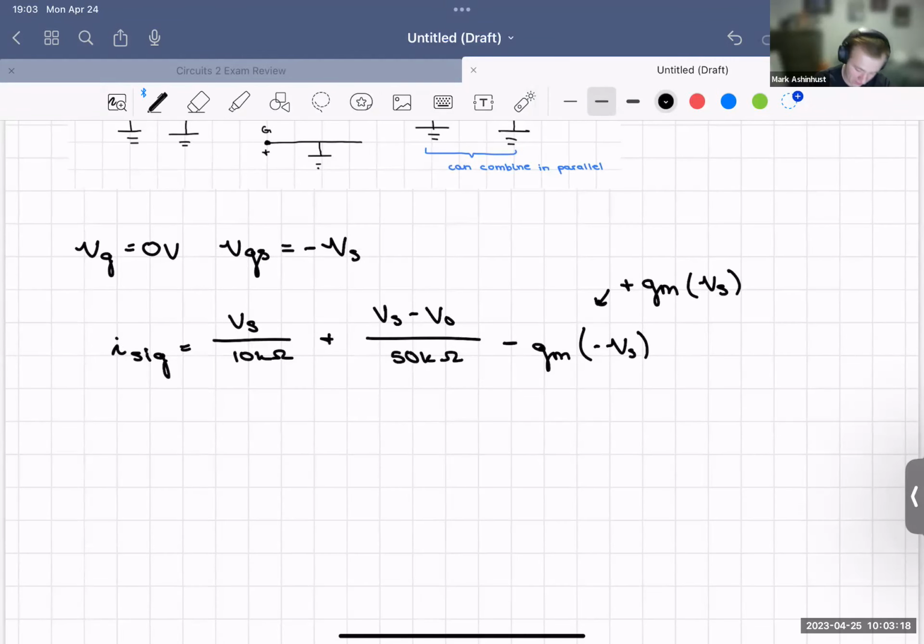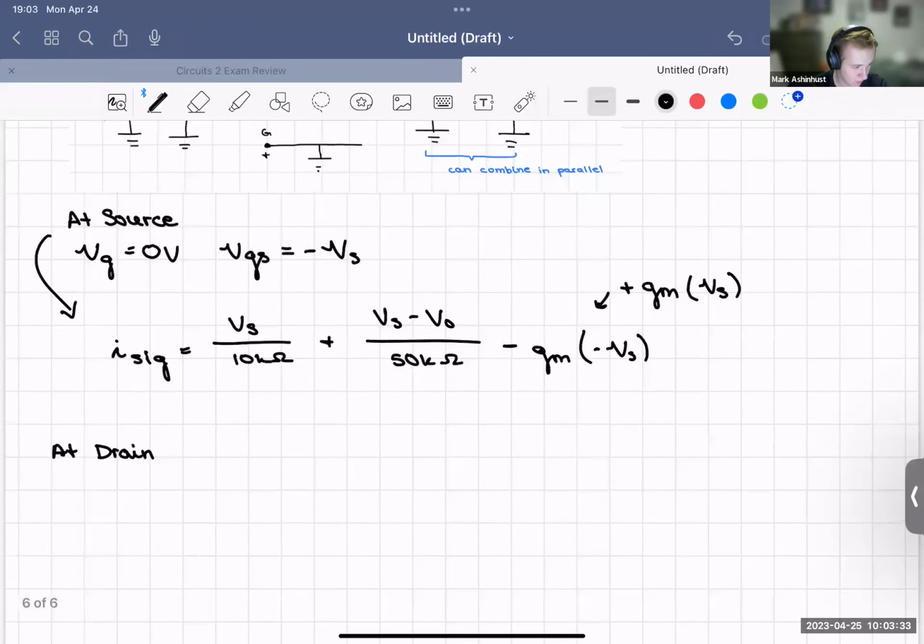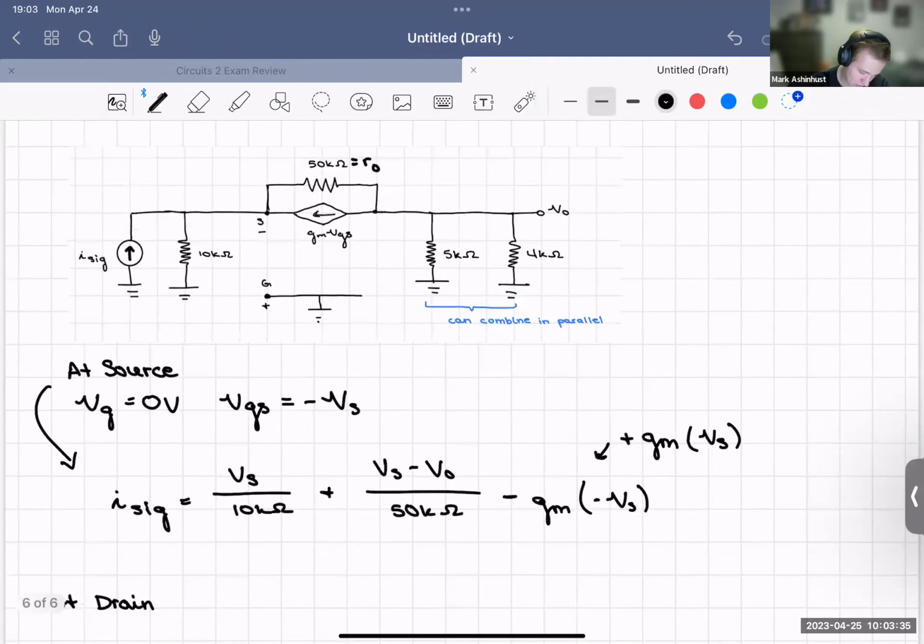And then at the drain, we can write out what we have too. We have that 5K and the 4K in parallel, which is 2.2 kilo ohms.